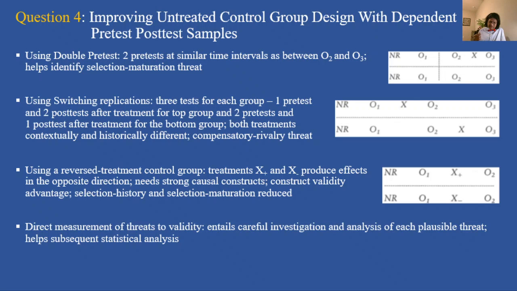So, having an understanding of all the plausible threats, it is important that each is identified, analyzed, and as much as possible reduced or eliminated. So, this then helps not only for the study validity but also in subsequent statistical analysis and interpretation of the effects. So, this is part one of this aspect of quasi experimental design. Till next week, thank you.